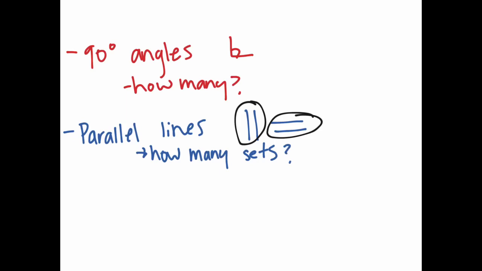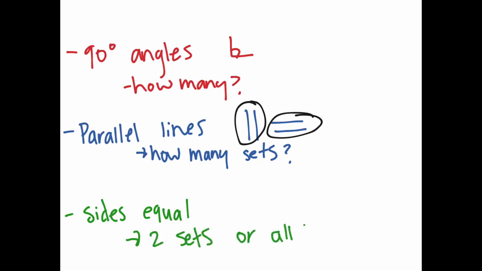And then finally, you want to think about, are my sides equal? And if your sides are equal, are only two sets of sides equal, or are all four equal in length?